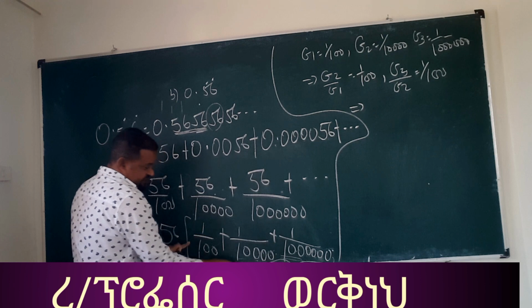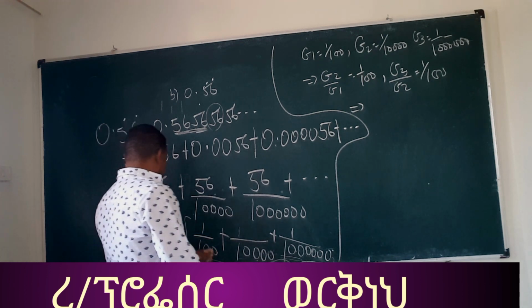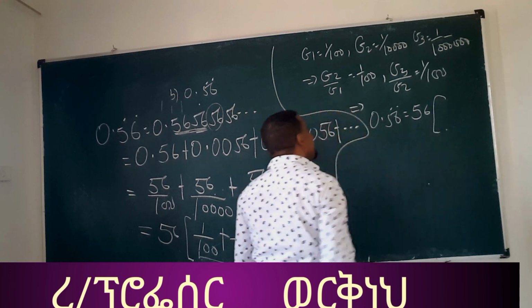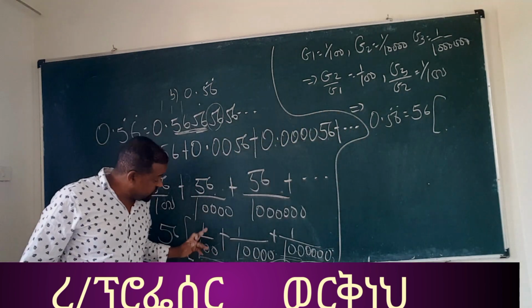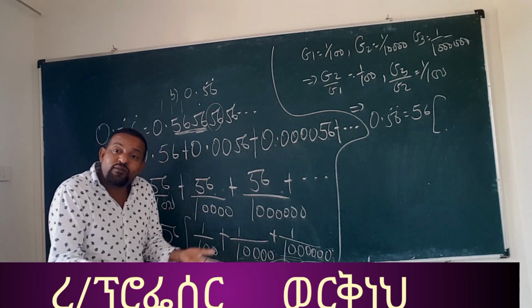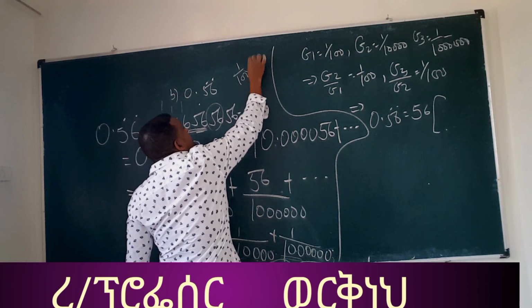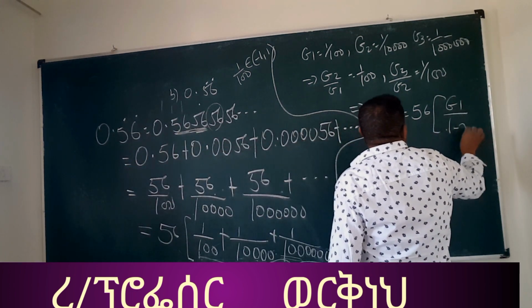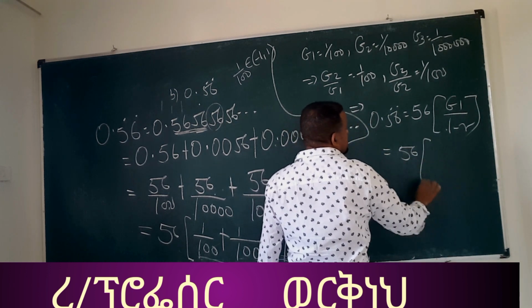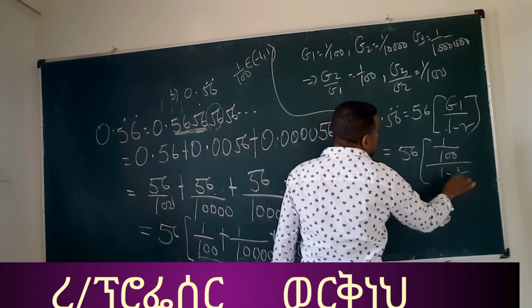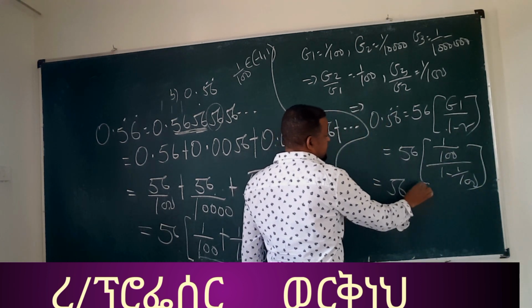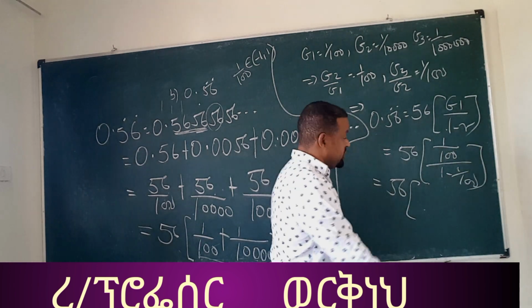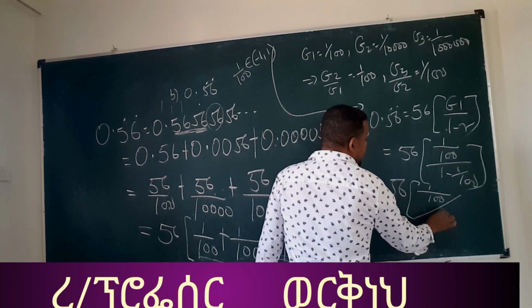So 0.56 repeating is equal to 56 times a geometric series with G1 1 over 100 and common ratio 1 over 100, which is between negative 1 and 1, so it converges to G1 over 1 minus R. That is 56 times 1/100 over 1 minus 1/100, which is 99 over 100.